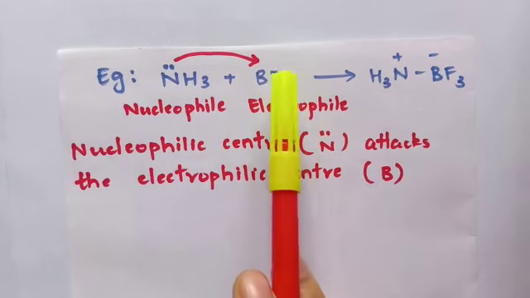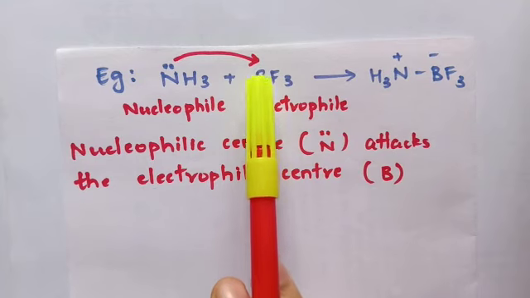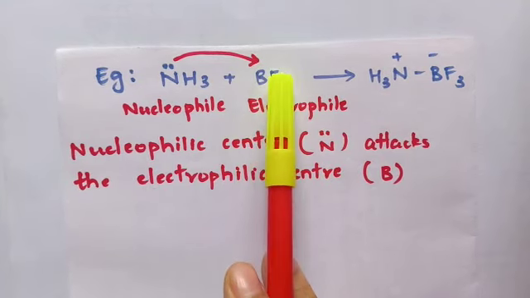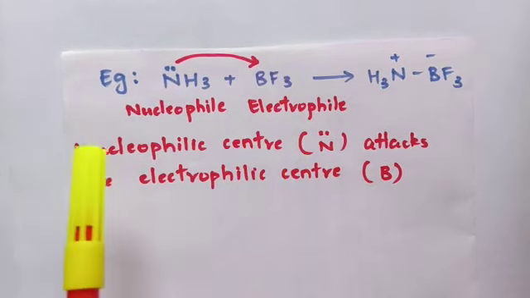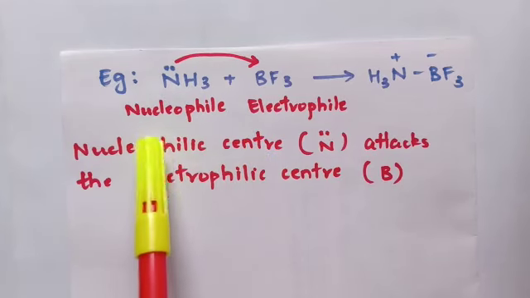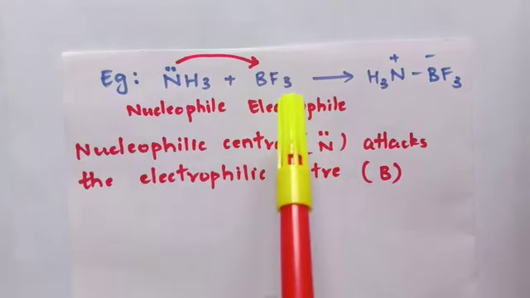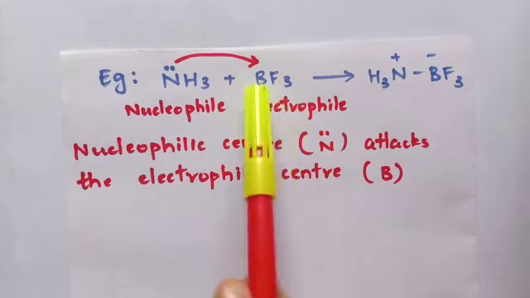In BF3, boron is electron deficient, so in this polyatomic electrophile, boron is my electrophilic center. Here our nucleophile is going and attacking the electrophilic center.